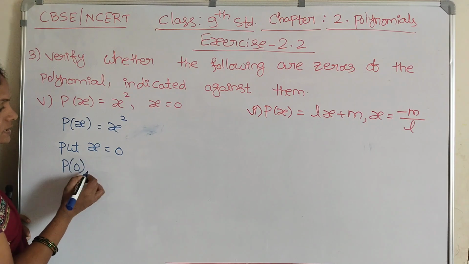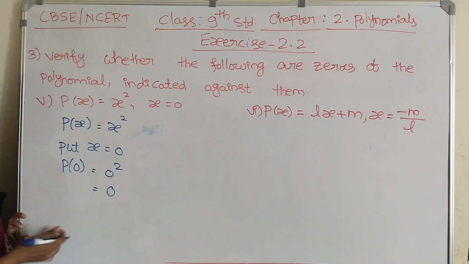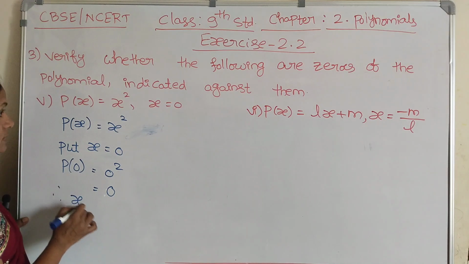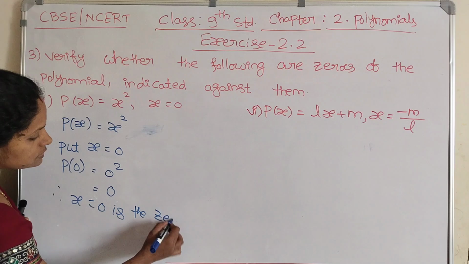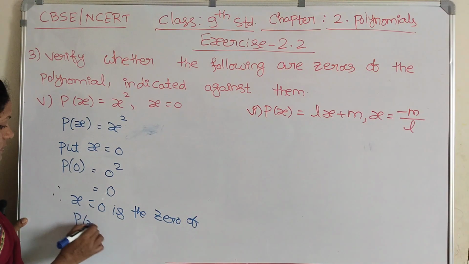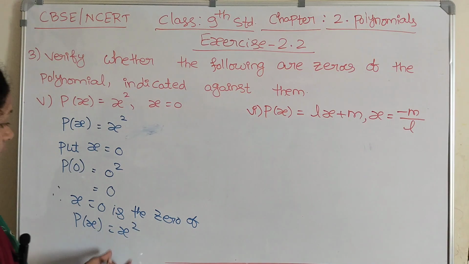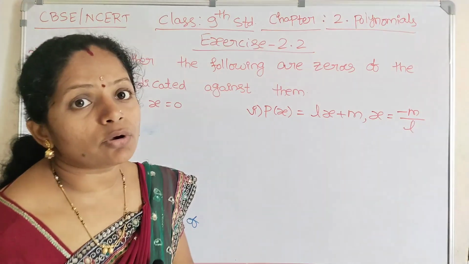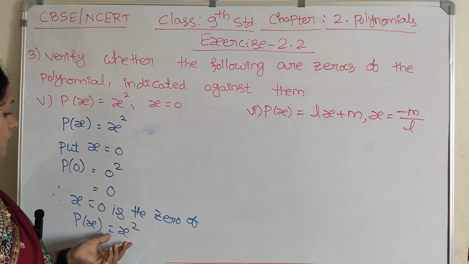P of 0 is 0 square, which is 0 only. Therefore, x is equal to 0 is the 0 of P of x equals x square. Here you have to write down the conclusion compulsorily, because without this we can't tell what the result is.